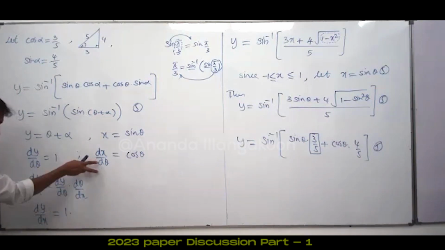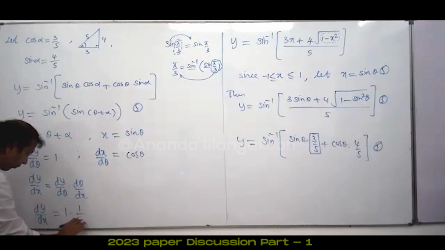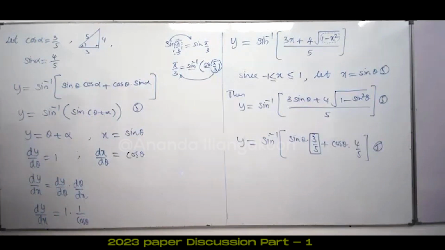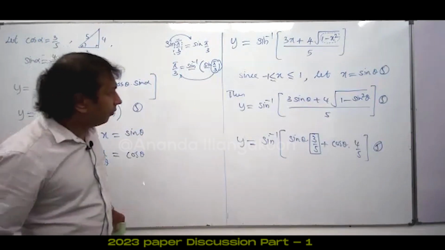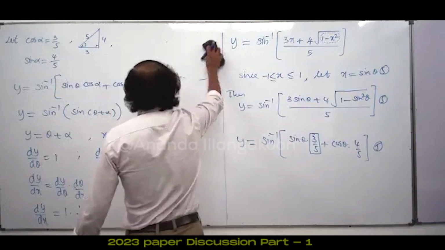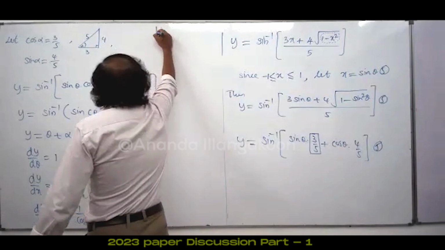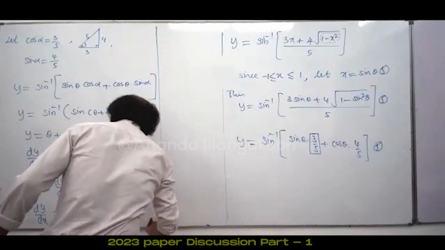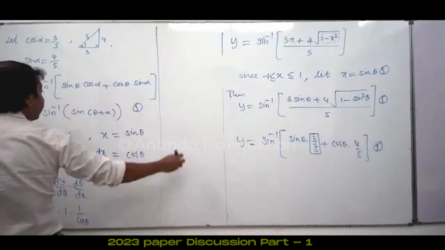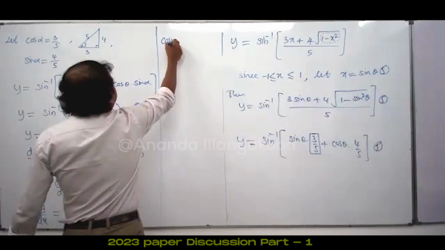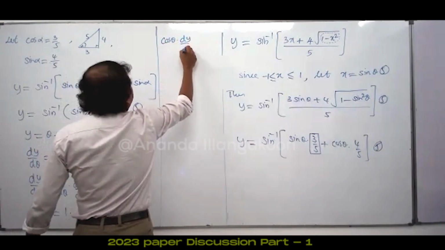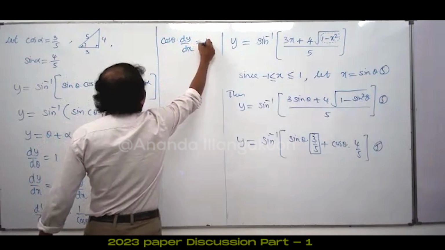D theta by dx means the reciprocal of this, 1 over cos theta. Then we can write dy by dx is equal to 1 over cos theta. Use cross multiplication to get cos theta times dy by dx is equal to 1.